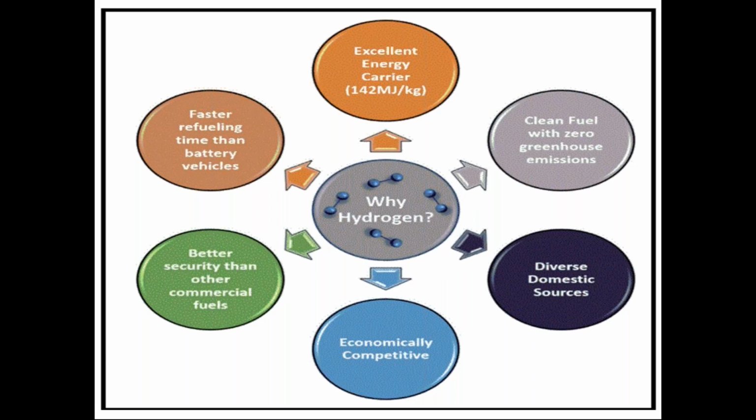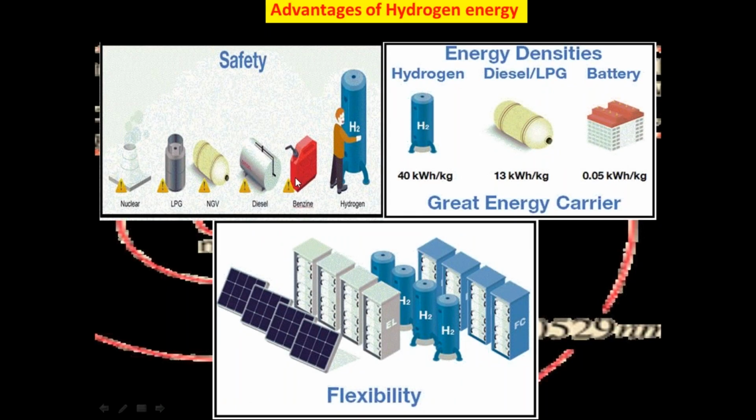It has better security than even commercial fuel, and in terms of safety it is also positive in the case of hydrogen energy. So we have the flexibility of using hydrogen energy.